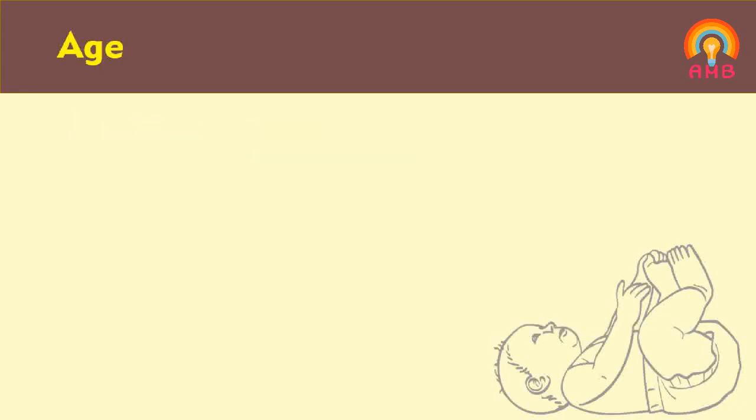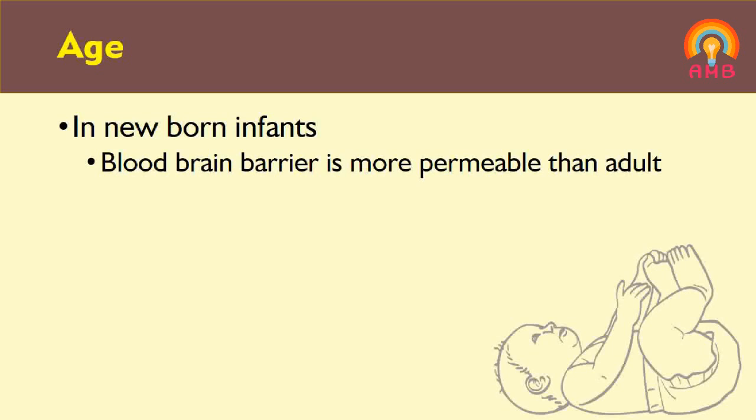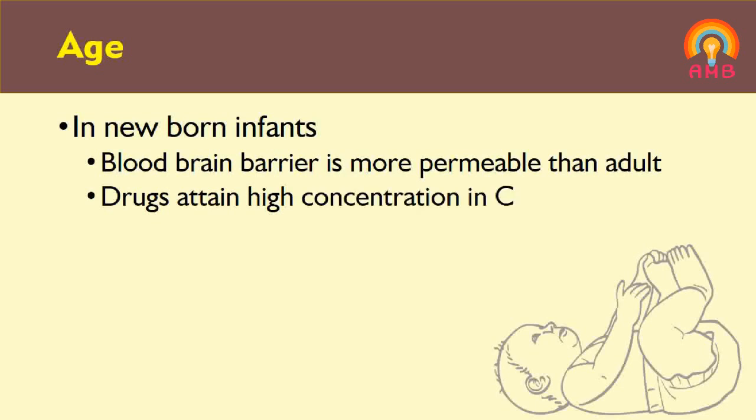In new infants, the blood-brain barrier is also not matured. So it is more permeable than the adult blood-brain barrier, and drugs attain high concentration in the CNS. As the blood-brain barrier is permeable, it allows drugs to enter the brain, and because of that, high concentrations of the drug can be achieved in the CNS, which are not mostly achieved in adults.